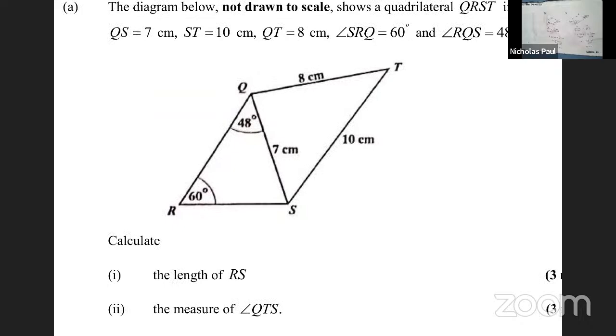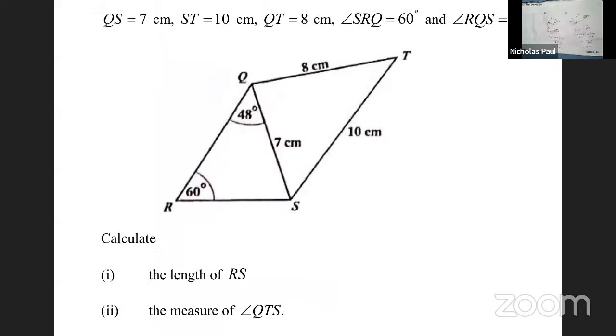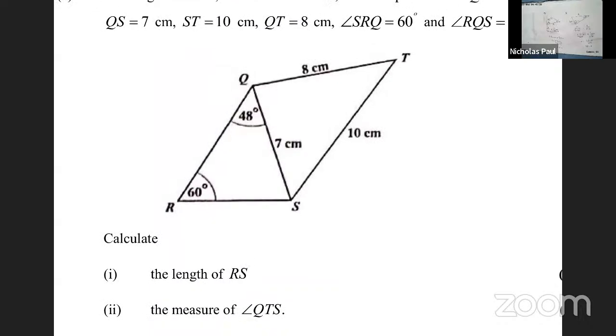Samir, this is for you alone. Try this here and we're done. Just one question, Samir. Last one, Olia. Last one we're doing here.